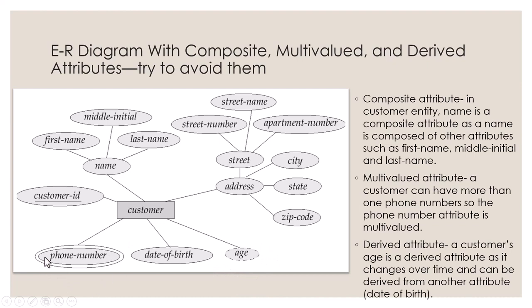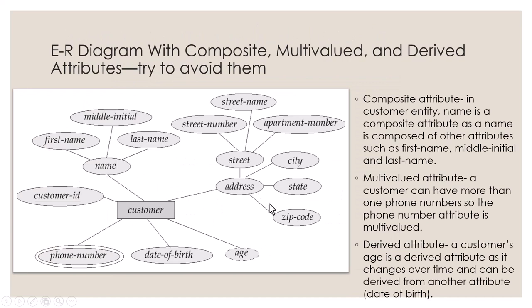Here we have a phone number, and you'll notice that this phone number attribute is in a double oval, not a single. This means that it is a multi-value attribute because a person could have more than one phone number. They could have their home phone number, their work phone number, maybe even a cell phone. So this one is called multi-valued, and it's going to be a double oval.